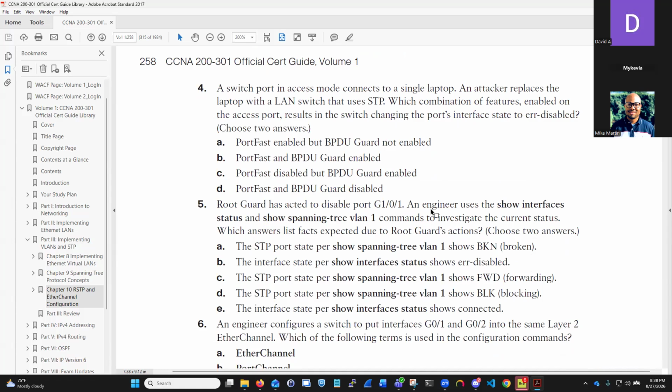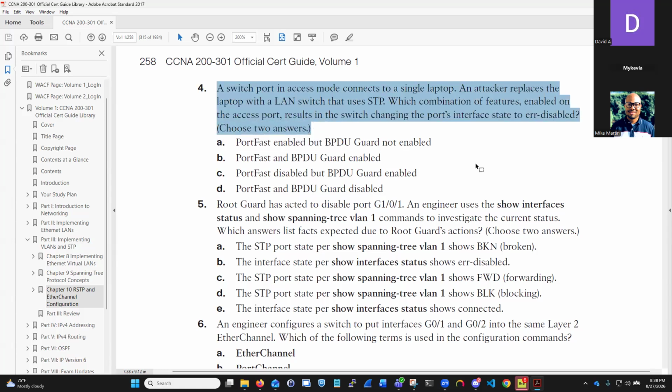A switch port in access mode connects to a single laptop. An attacker replaces the laptop with a local area network switch that uses STP. Which combination of features enabled on an access port results in the switch changing the port interface state to error disabled? Choose 2 answers.